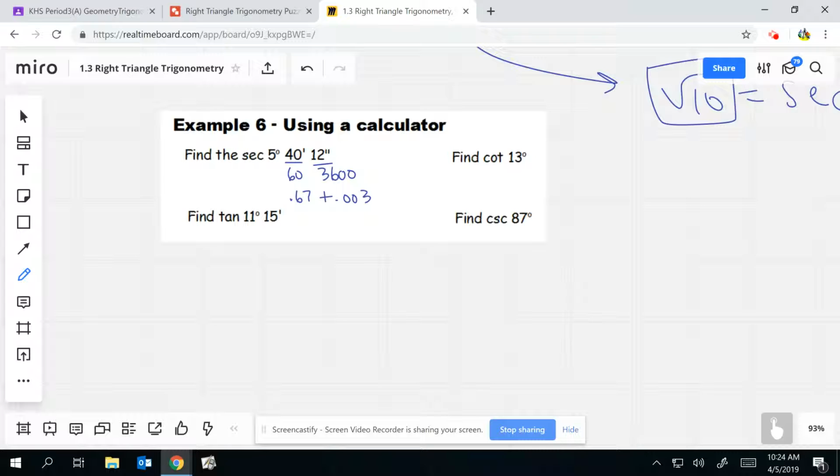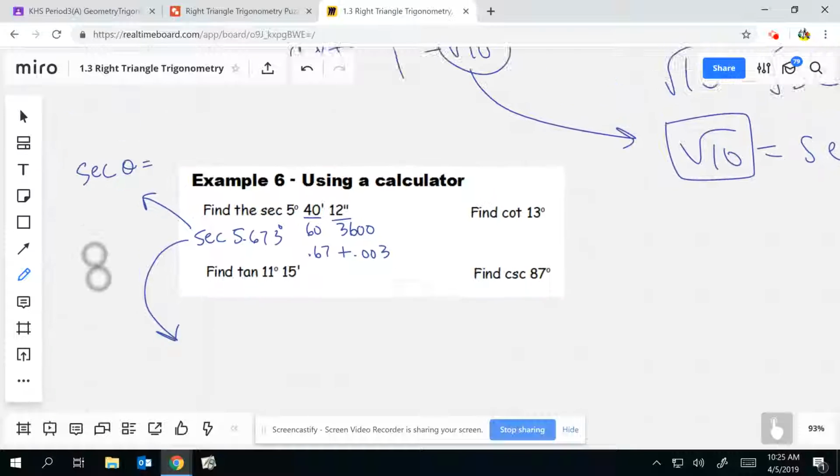So your actual problem that we're looking for is the secant of 5.673 degrees. That we can put in our calculator. Now for me to put in secant, in our identities, secant of theta is going to be 1 divided by cosine.